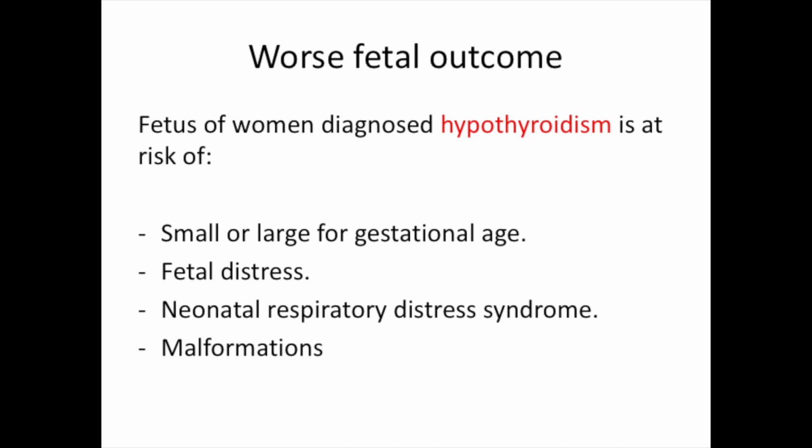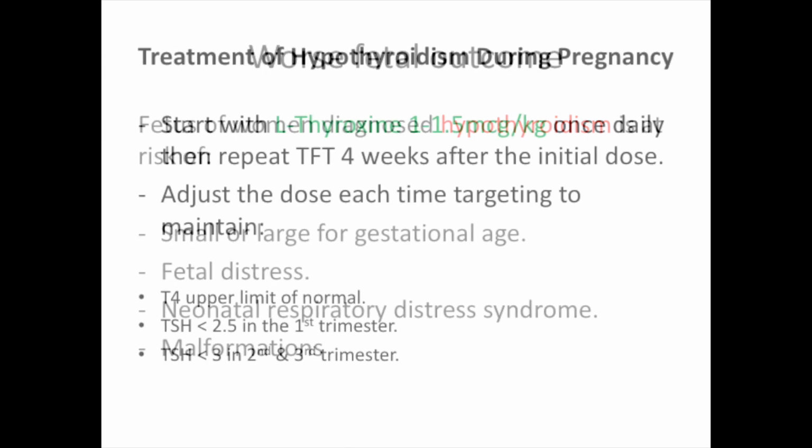They can have fetal distress at any time, or they can develop neonatal respiratory distress syndrome after delivery and might need an ICU, or they can have malformation from the beginning. So it's really important to diagnose and treat cases of hypothyroidism in pregnancy.